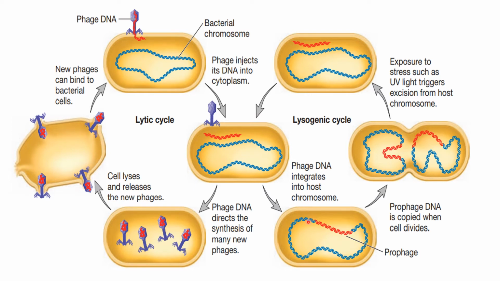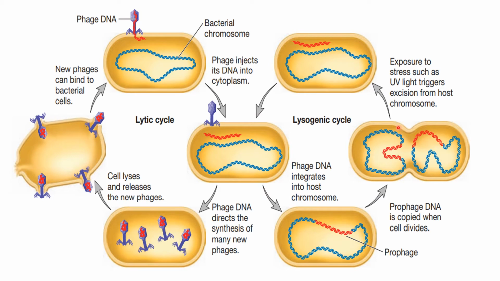So this is the third step where the phage DNA has integrated with the bacterial chromosome. In this state, the viral DNA will be called a prophage, and it will be carried from one generation to the next for many generations together. That is, when the bacterial replication happens, along with the bacterial DNA, the phage DNA will also get replicated. So in this condition also, the viral DNA will undergo multiplication.